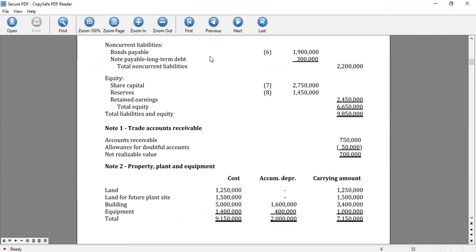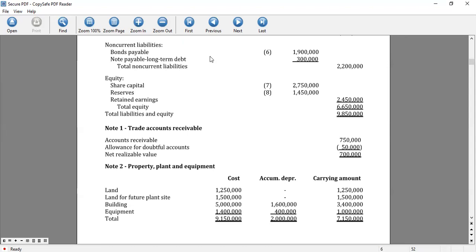We have the tangible assets of 7,150,000, and we have the following included: building 5 million less accumulated depreciation of 1.6 million. So the carrying amount or the book value is 3.4 million. Then we have the equipment of 1.4 million less accumulated depreciation of 400,000, the book value of 1 million.